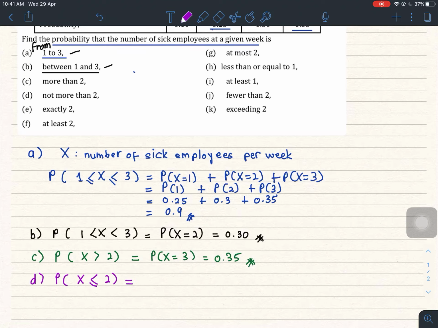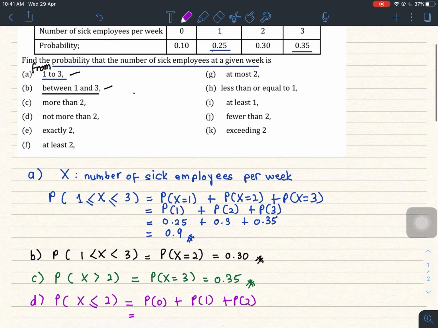So you sum up from 0, 1 until 2. From the table, the probability when X is 0 is 0.1, plus 0.25, plus 0.3, which gives the answer 0.65.